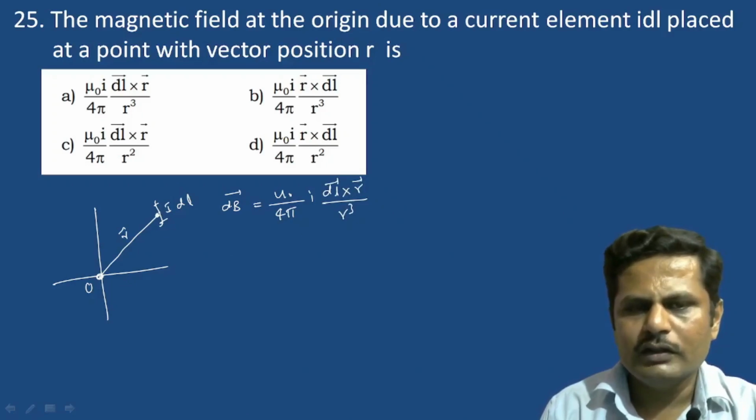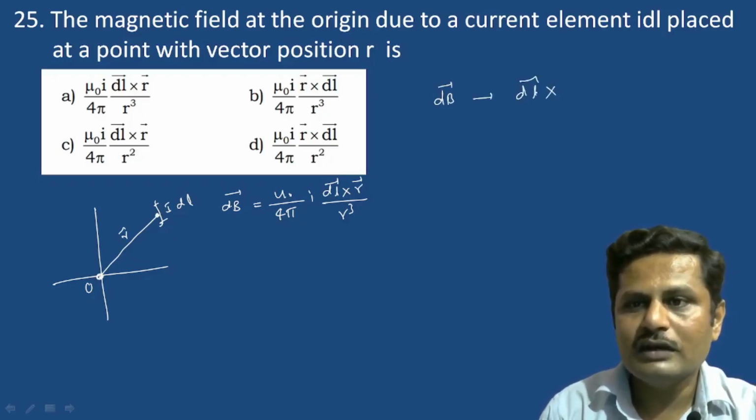And whether you are placing the current element at this point or at the origin, it doesn't matter. The direction of the magnetic field is always decided by the direction of the cross product of the dl vector and R vector, that is the direction of dl cross R, not R cross dl.